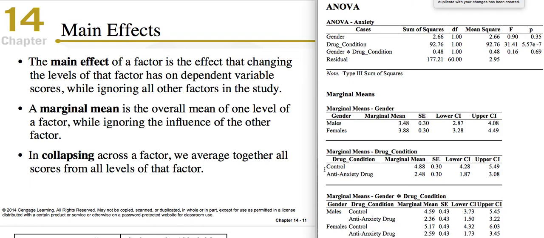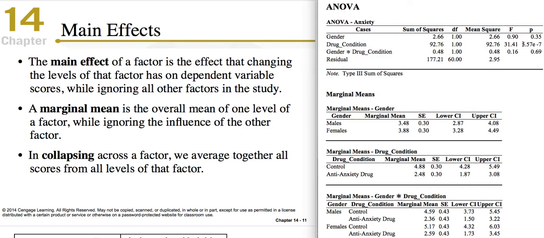The second main effect that we're going to look at is that of drug condition. And we can look at the marginal means for that down here. So we have 4.88 for the control condition and 2.48 for the anti-anxiety condition. And when we look at the F value and the p-value for this, we have an F of 31.41 and a p-value of 5.57 e to the negative 7, which in scientific notation means you would add in 6 zeros before this value, so it's a very small p-value, much smaller than our test level of 0.05.